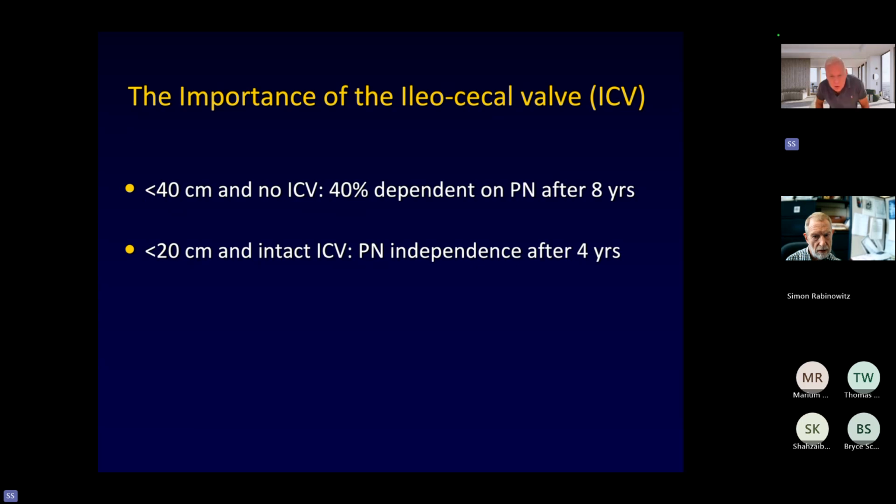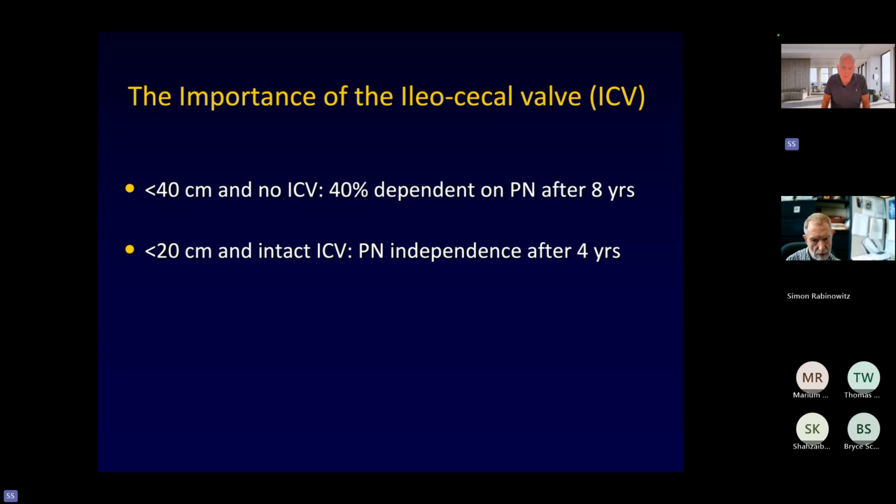What part of the small bowel is gone? Is the remaining bowel healthy? Is the remaining child healthy? First and foremost, when one is discussing anyone who's had a resection, is there an ileocecal valve? Because the presence of the ileocecal valve is crucial for determining the length of the remaining bowel as it pertains to normal or abnormal functioning.